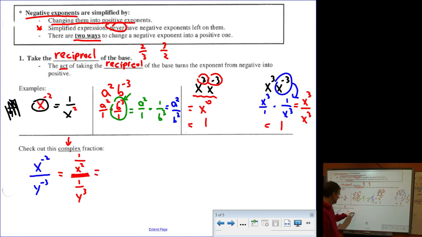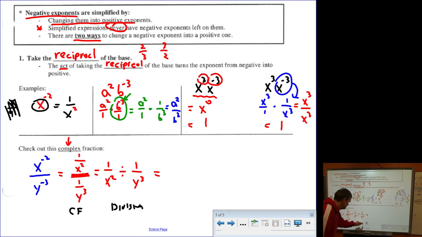This is really equal to 1 over x to the second divided by 1 over y to the third. All right, so I've got this complex fraction, but really that's just a division problem. And so how do we divide fractions? You remember that? We keep, change, flip, right?